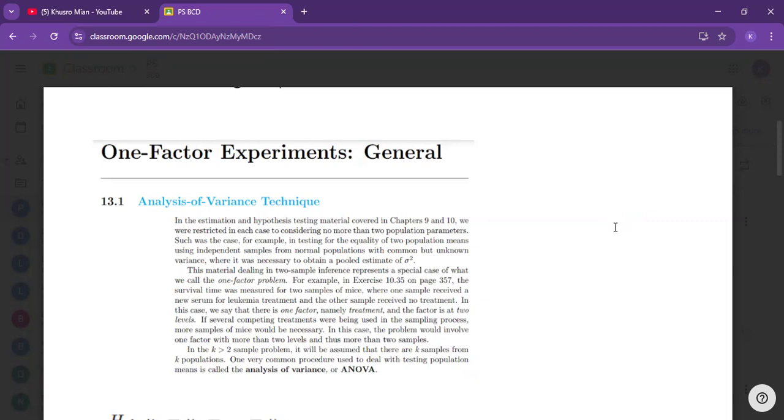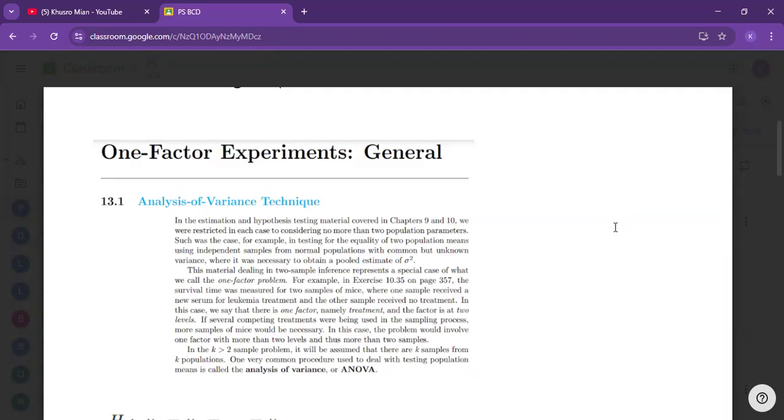If several serums or treatments were being used in the sampling process, more samples of mice would be necessary. In this case, the problem would involve one factor with more than two levels and thus more than two samples, in the k greater than 2 sample problem.